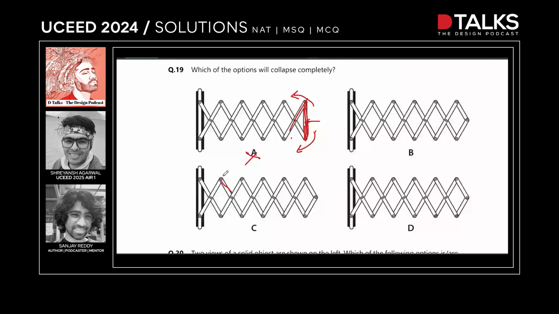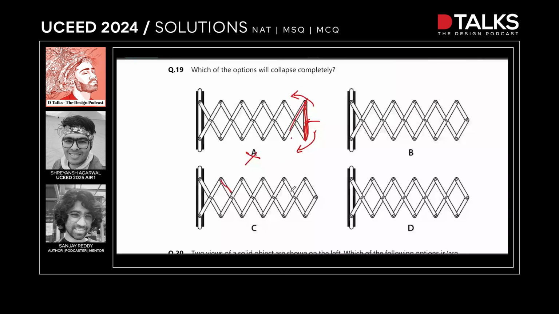When you try to push it in, it will struggle in itself. It just won't be able to completely go in. It will get stuck somewhere in the middle. It's alternating, right? One is on the top and one's on the bottom. So when you push this in, I think it will get stuck.